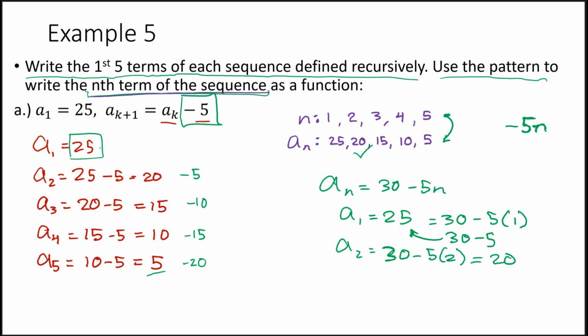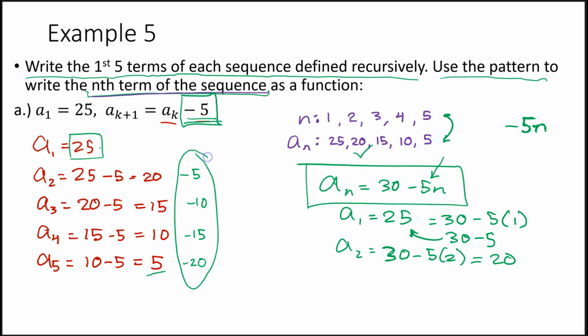So that would work. So my expression would be 30 minus 5n. And again, I got the 5n because I was minusing 5 several different times, and that's kind of compiling. And when you have a repeated subtraction, it becomes a multiplication here. Okay?